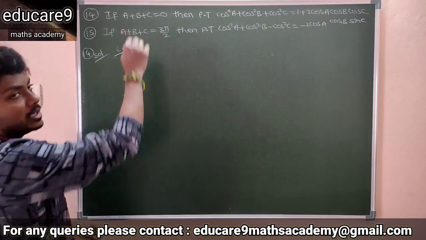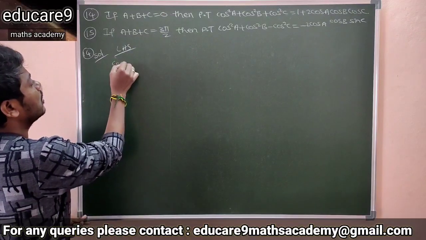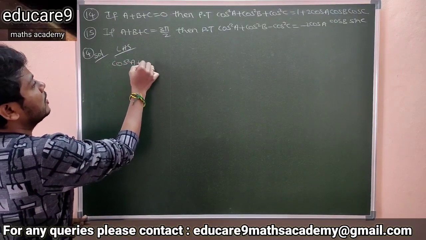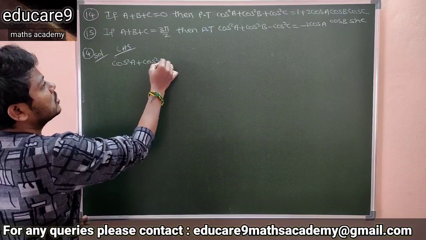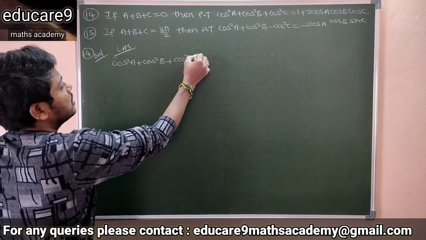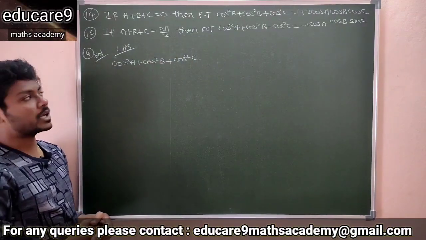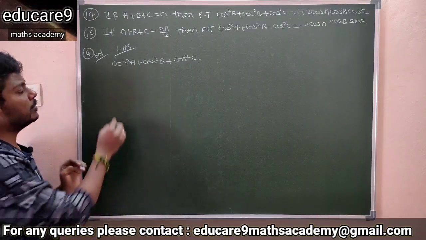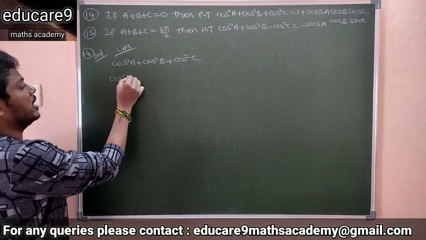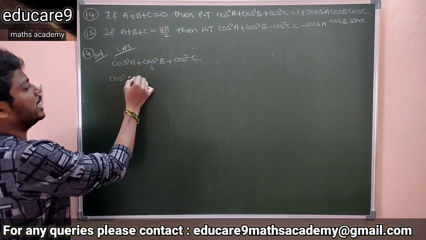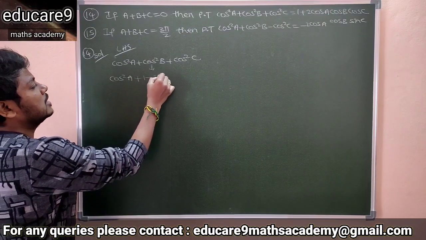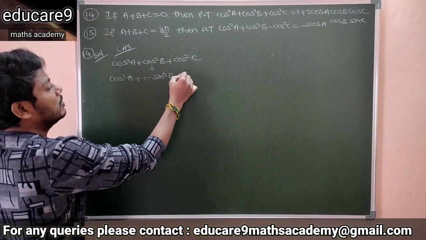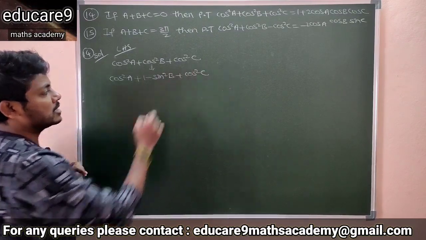Consider the LHS value. So what is that? Cos square a plus cos square b plus cos square c. Okay. Now cos square b can be written as 1 minus sin square b, plus cos square c.